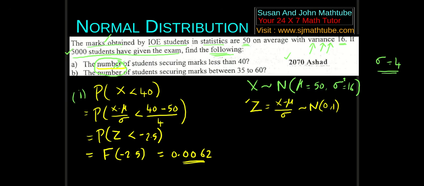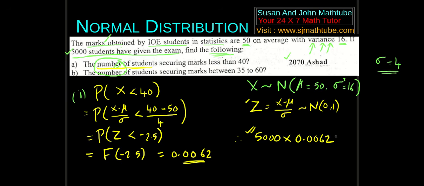But this is not the answer, because they didn't ask probability, they asked the number of students. So you have to write, therefore, the number of students is equal to 5,000, because a total of 5,000 students attended the exam, multiplied by 0.0062. Use a calculator.